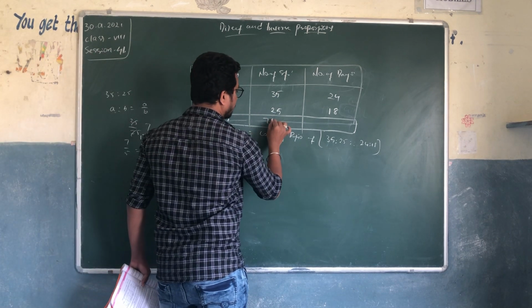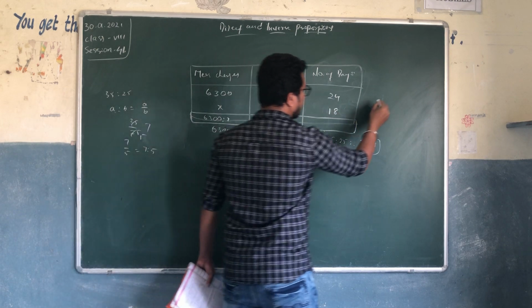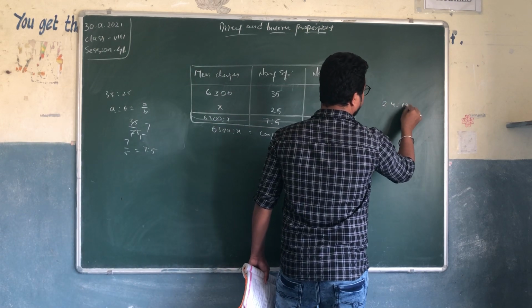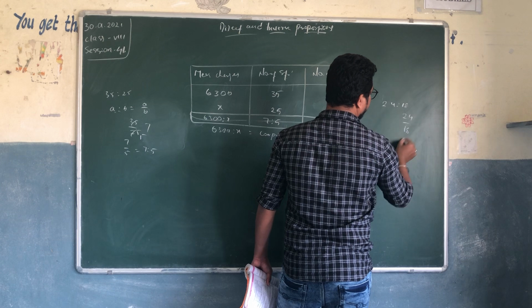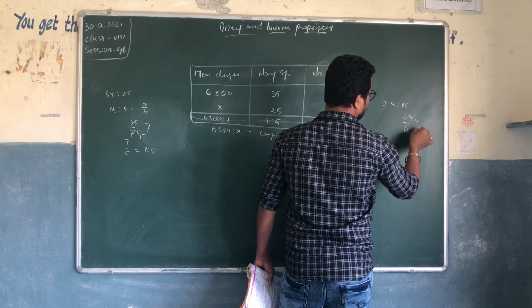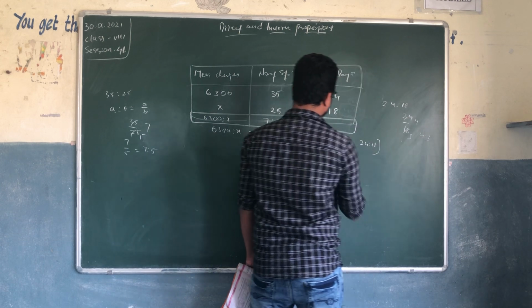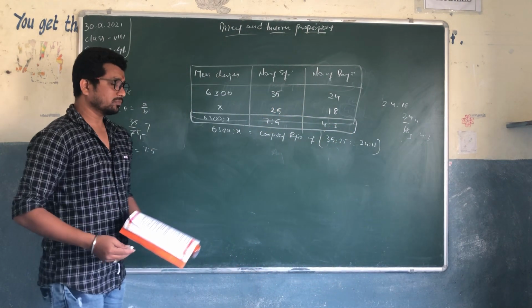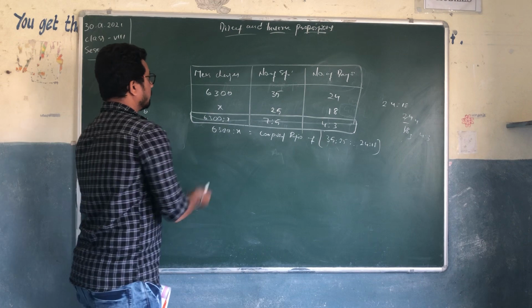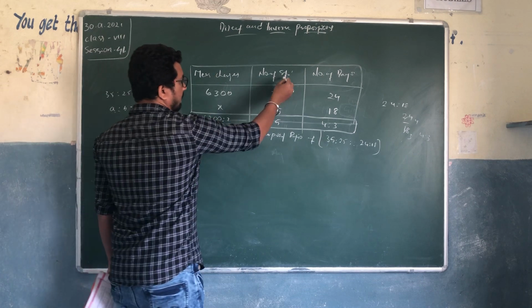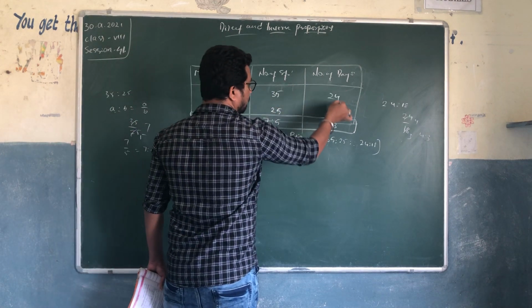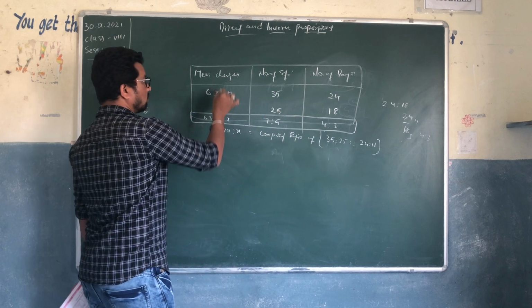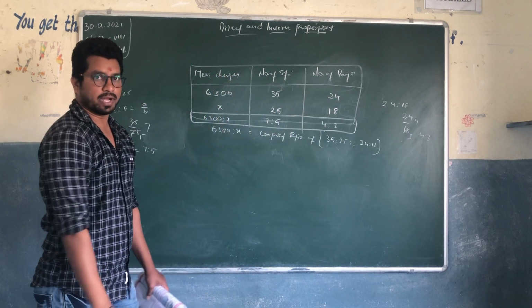Like that, 7 by 5 can be written as 7 is to 5. So here it will be 7 is to 5, and 24 is to 18 can be written as 24 by 18. 6 threes are 18, 6 fours are 24, so it can be 4 is to 3. Now, see, when the number of students decreased, the number of days decreased, it impacts the mess charges also, right?